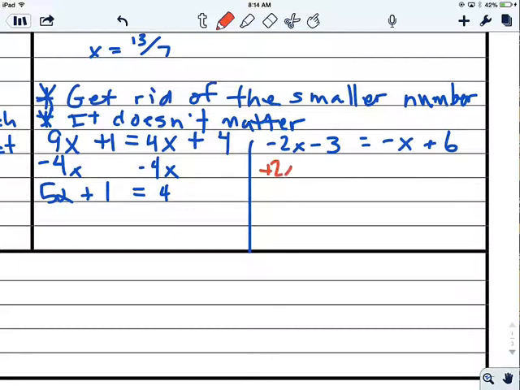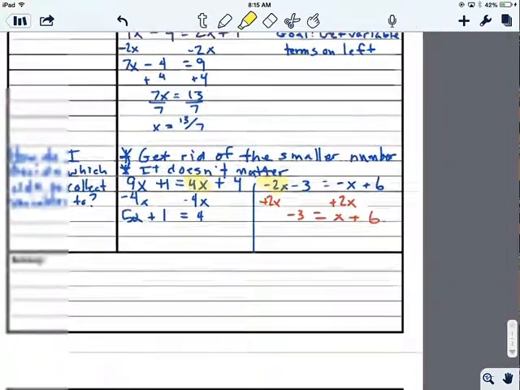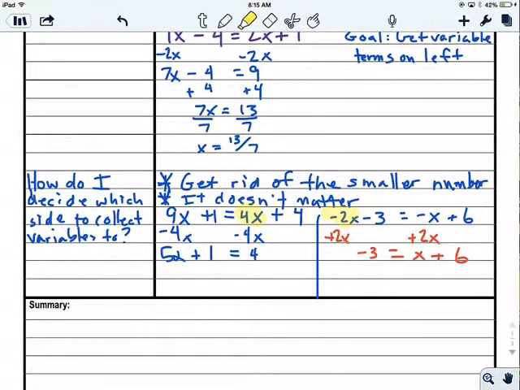I'm going to add it, because that's the opposite of that minus 2x there. So I'll add 2x to this side. I end up with negative 3 equals negative x plus 2x, which is positive x, plus 6, and you can solve it from there. My rule of thumb is to look for the smaller number, get rid of that, and try to collect them to the opposite side. But it's just a rule of thumb. It really doesn't matter which side you go to.